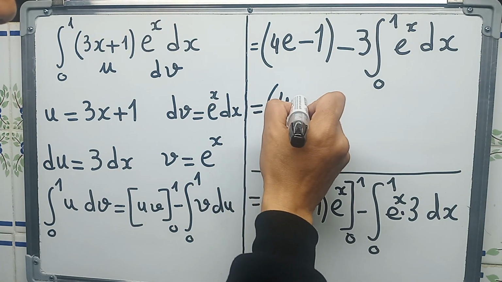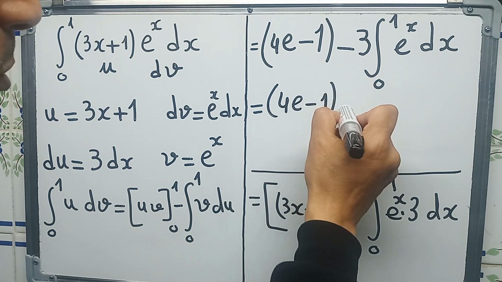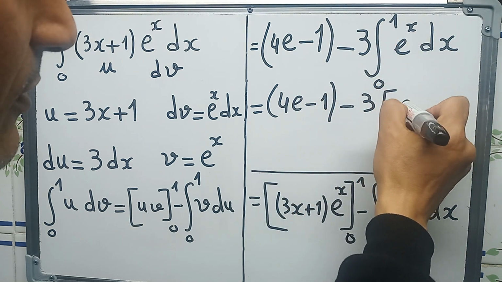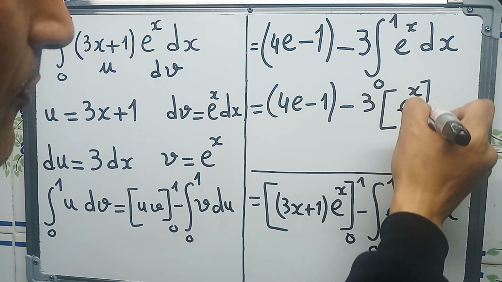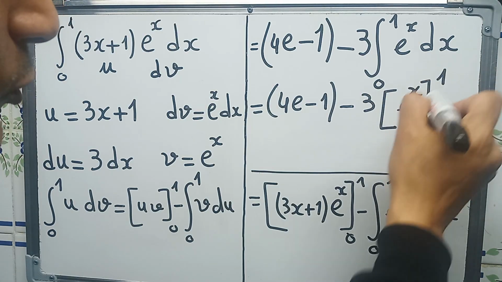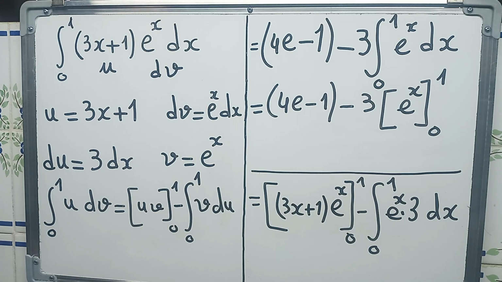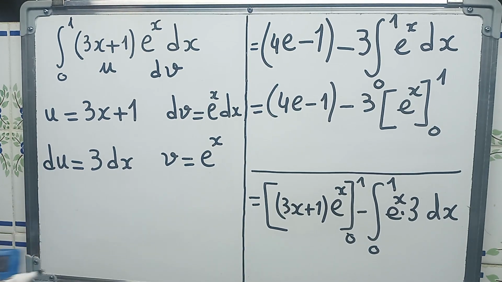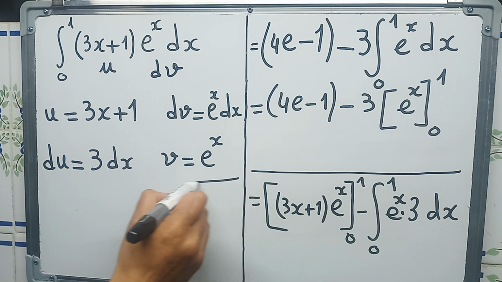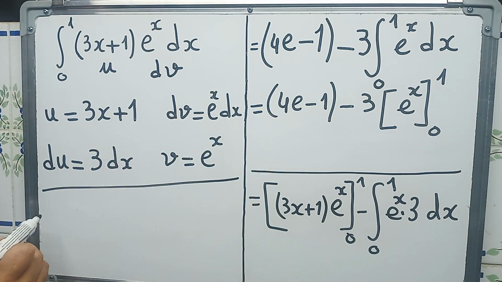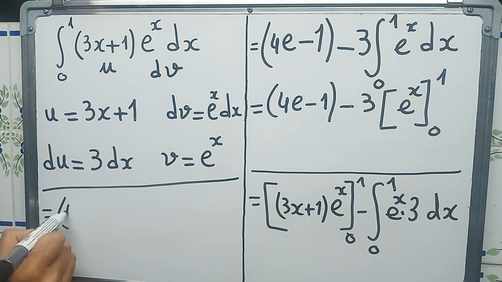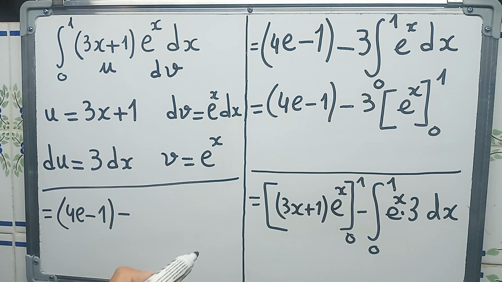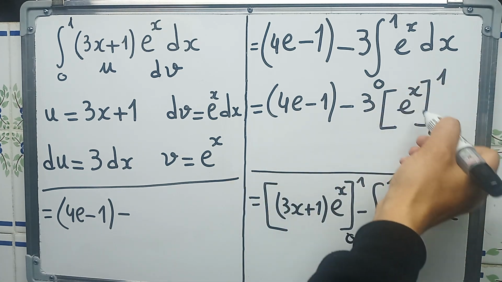So 4e minus 1 minus 3, and here the antiderivative is just exponential x from 0 to 1. And this is equal to 4e minus 1 minus, and here again the same. I will plug 1 here and 0 here.